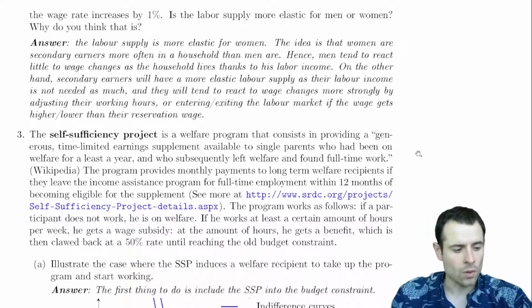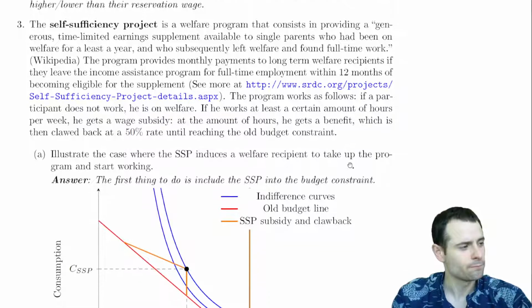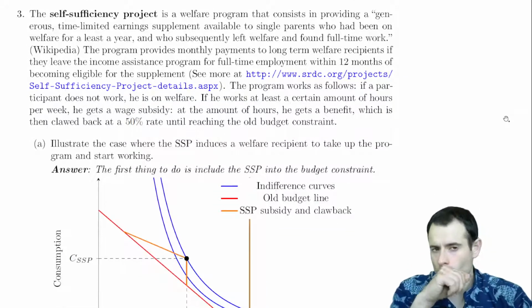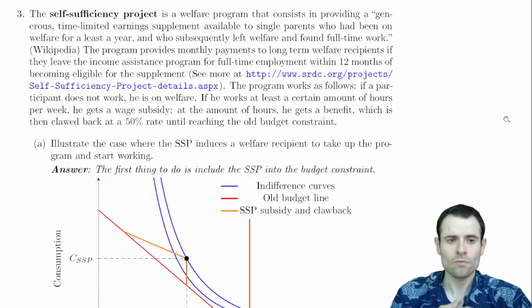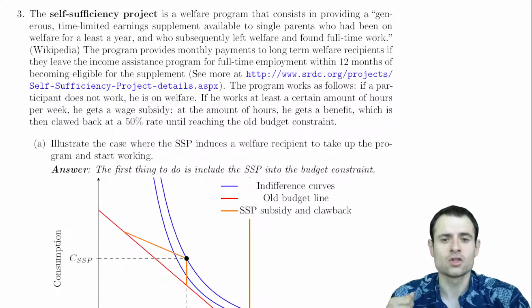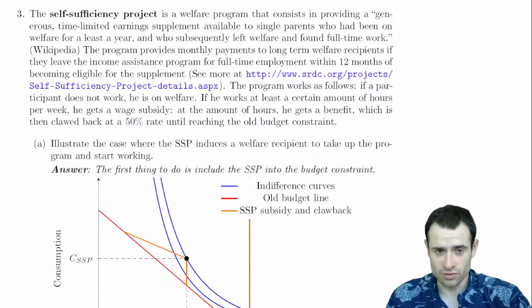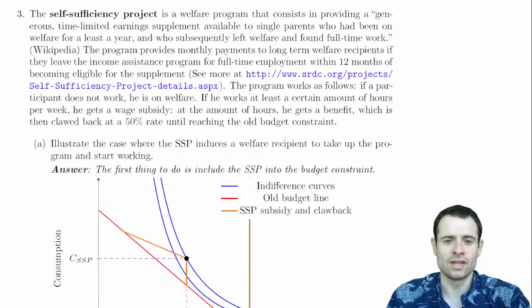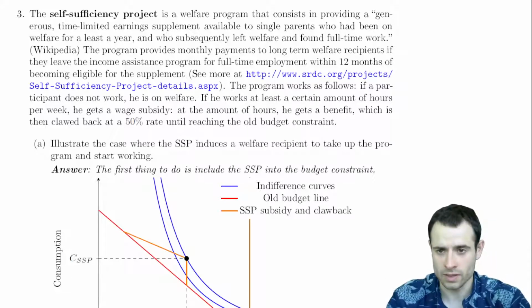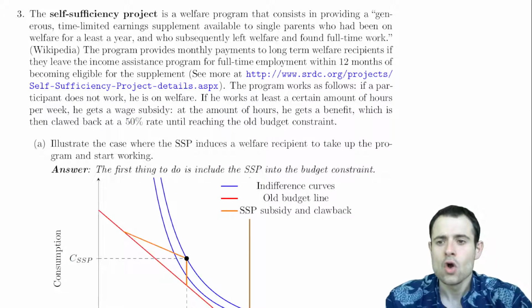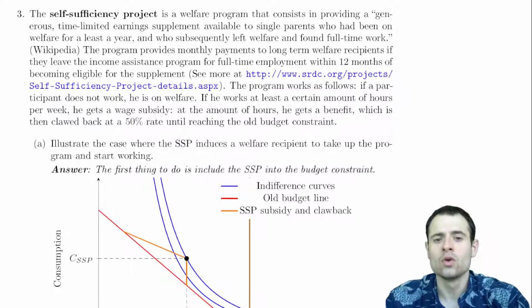Now, I want to talk about the self-sufficiency project. The self-sufficiency project is a welfare program that consists in providing a generous, time-limited earnings supplement available to single parents who had been on welfare for at least a year and who subsequently left welfare and found full-time work.